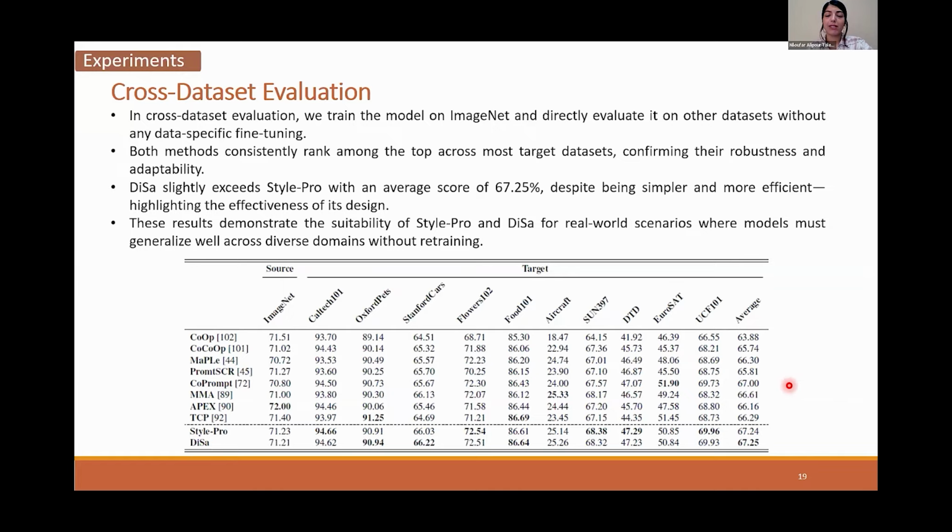However, you can see that because of the alignment approach and also the style shift learning module and saliency masking that we utilize, both our methods are still outperforming the other ones.